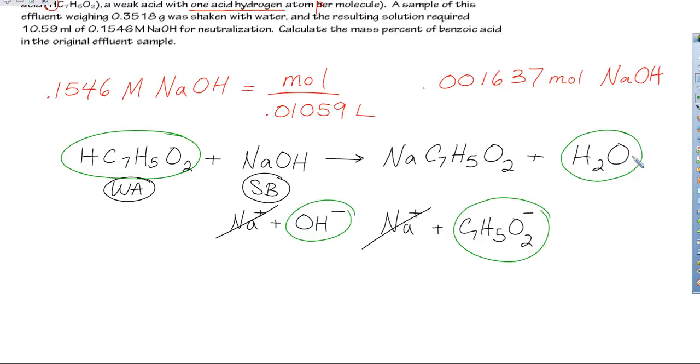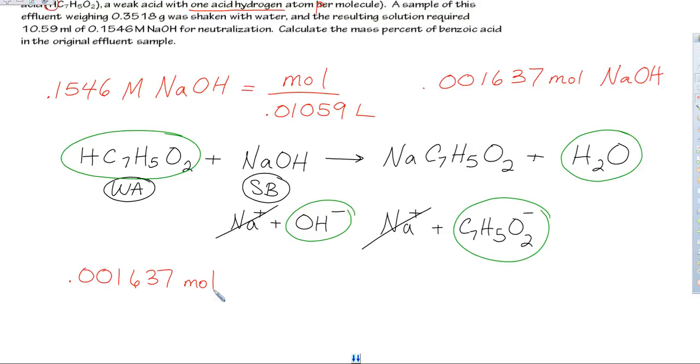So here's what I like about that. If it's a 1-to-1 ratio and I know the amount of base, that must be the amount of acid. So if I had 0.001637 moles of sodium hydroxide, and I'm at this equivalence point, or it's neutral in my titration, that means I must be at the ratio of the balanced equation, which is 1 to 1.